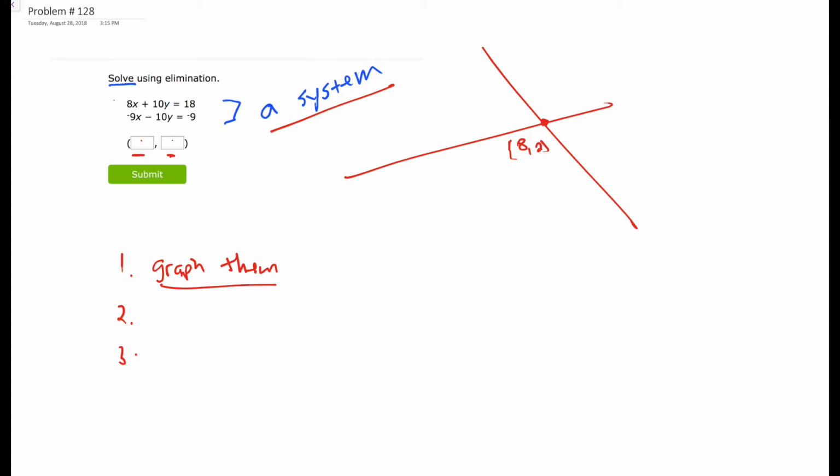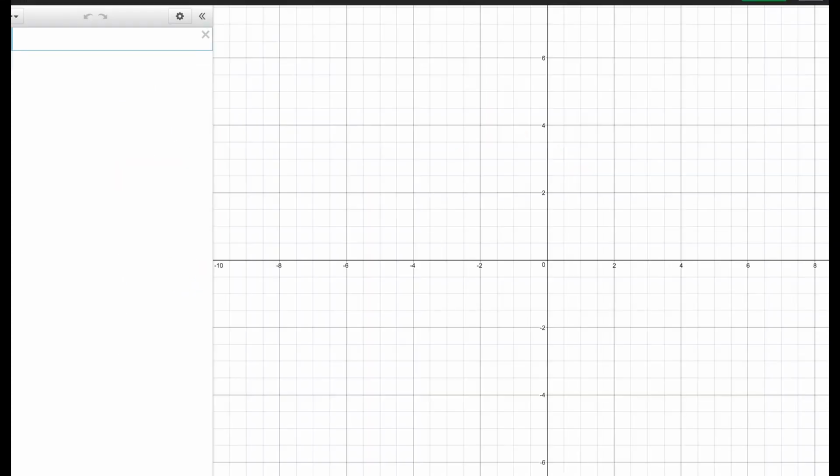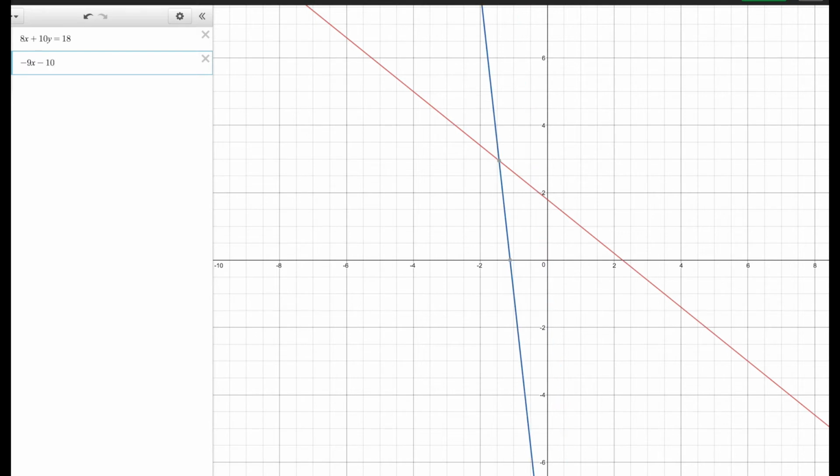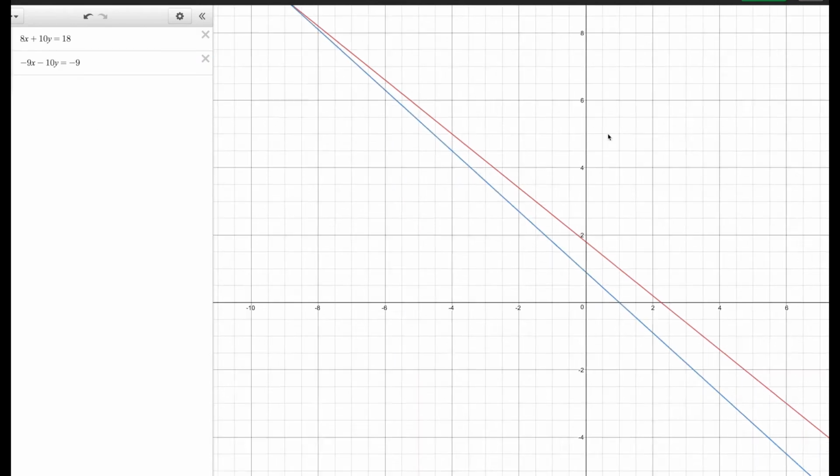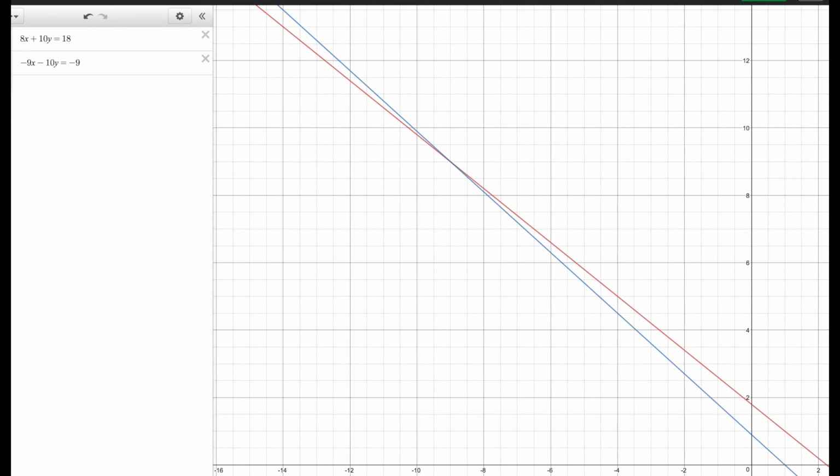You with me? All right, so hold on a second. What's the first equation? 8x plus 10y equals 18. And what's the other one? -9x minus 10y equals -9. All right, and it says find the solution. So looking at it here, where would the solution be?